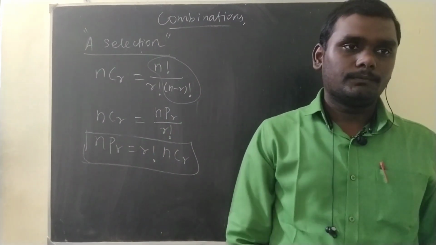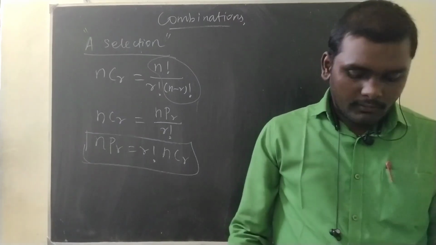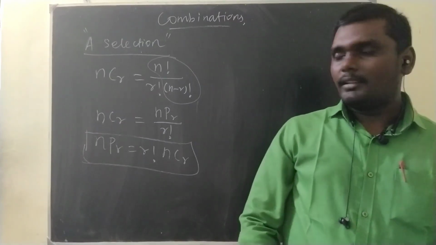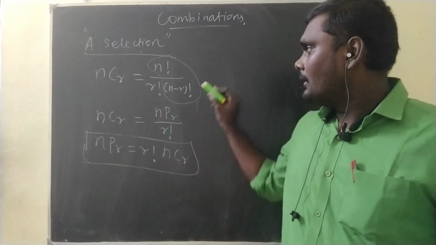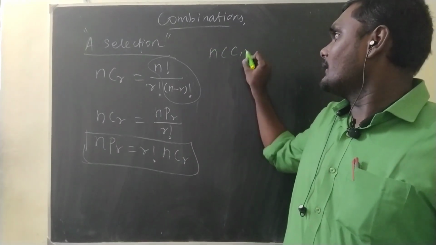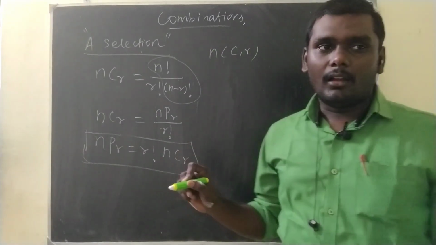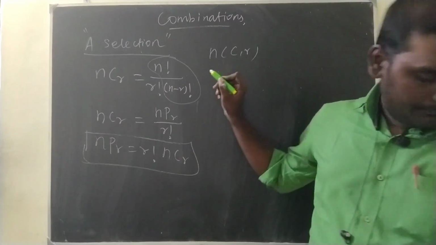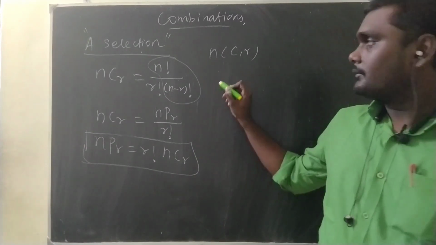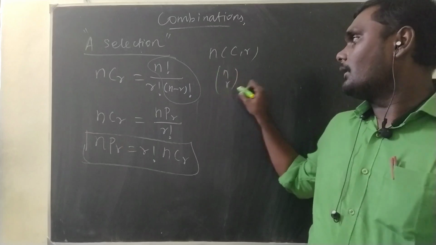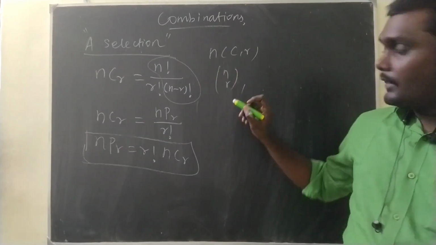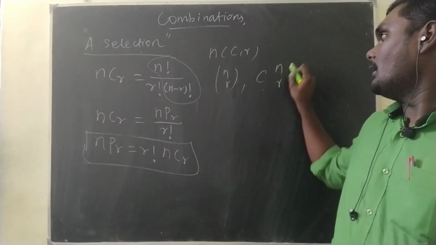You understood? Okay. Similarly, this sometimes can be denoted as n in brackets C comma r, or simply C of n, r.